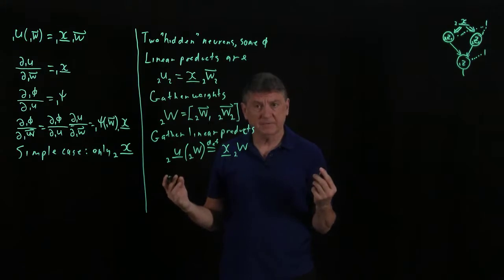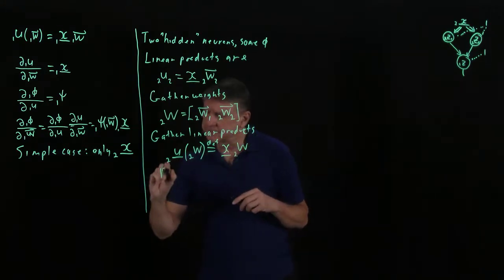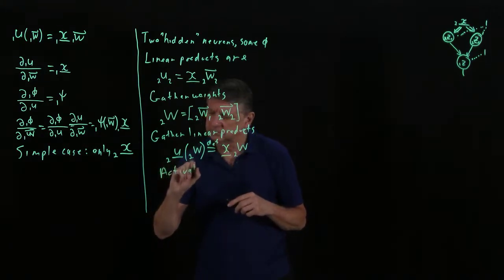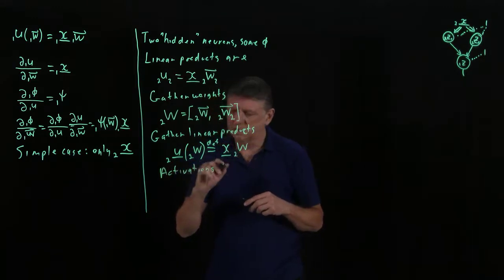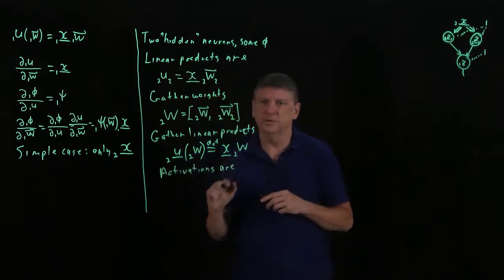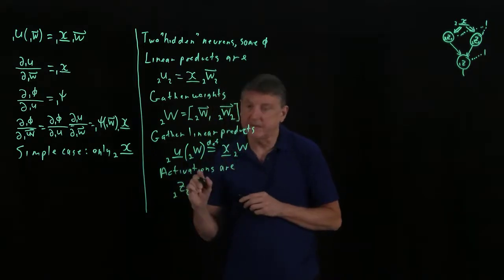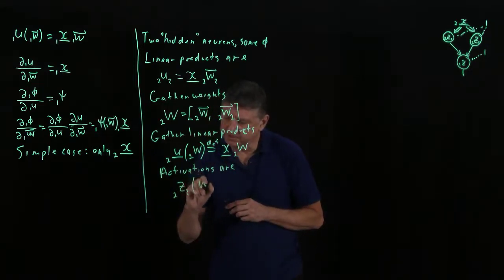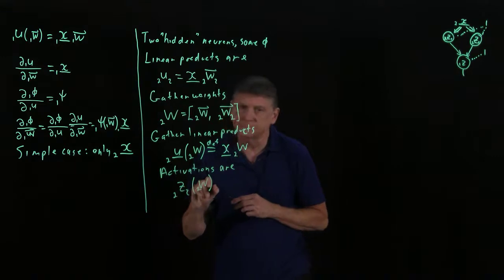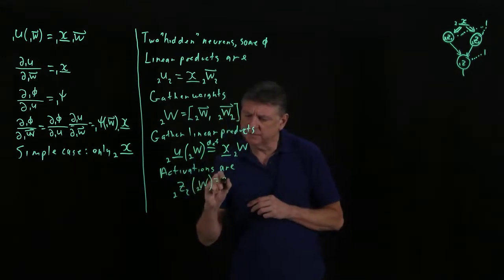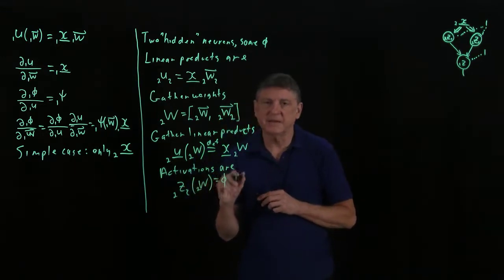Now we'll have to activate them. So the activations, which are the nonlinearities for the neurons, are, let's call this the results for layer 2 neuron number i. These are a function of this weight matrix, and that will simply be the same function.